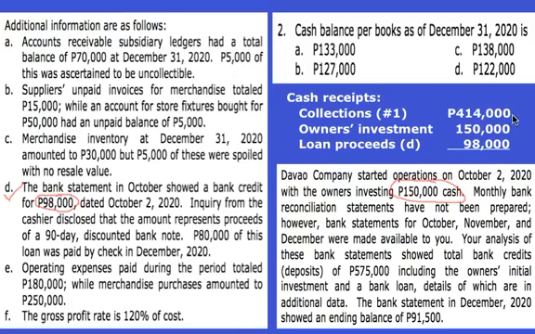Operating activities. Yan, yung 414, operating yan. Yung 150 and 98, financing. And again, what are the two types of financing? Equity and debt financing. So, ito equity financing, ito debt financing. Okay, so based on the limited info, wala na tayong makitang inflows. So, total cash receipts.